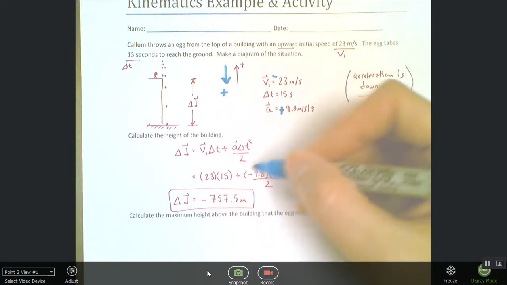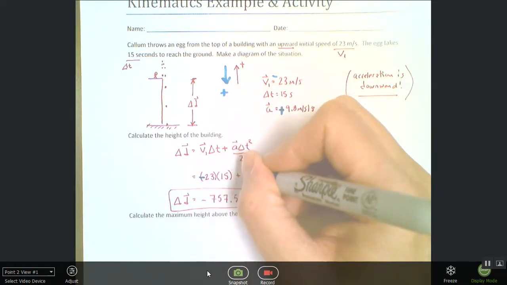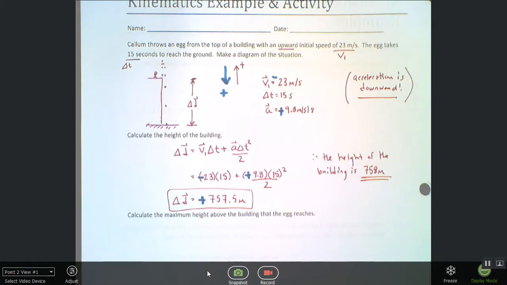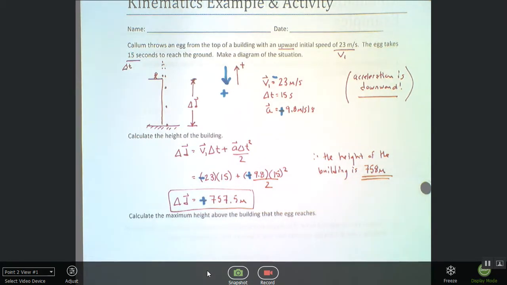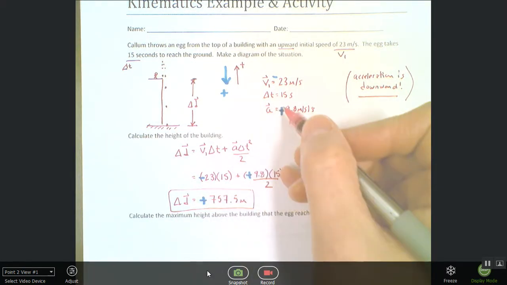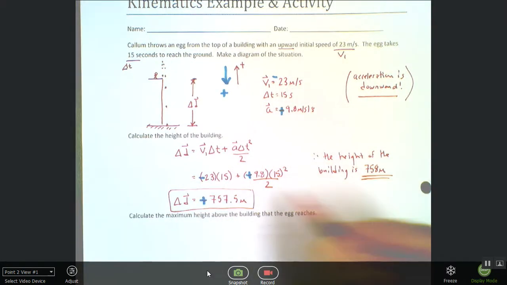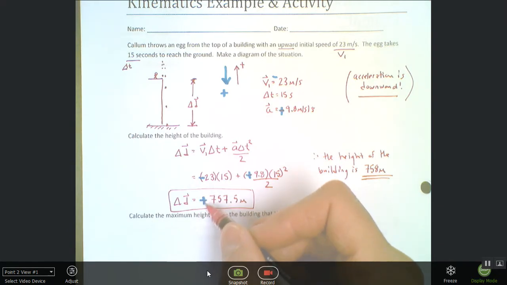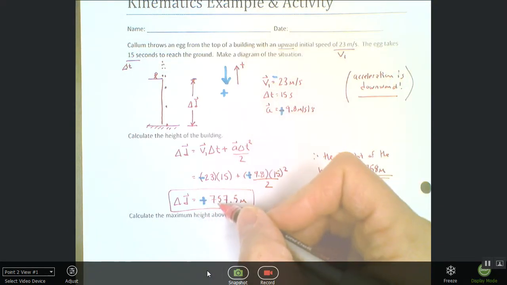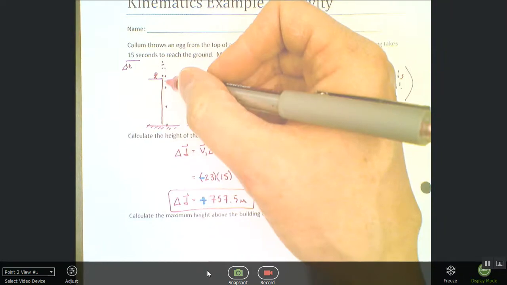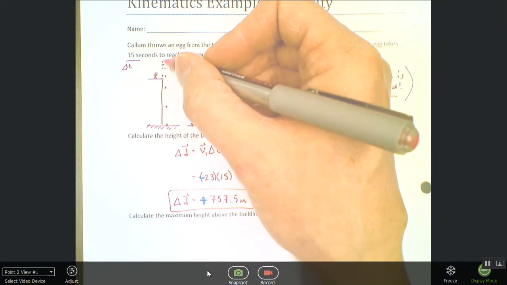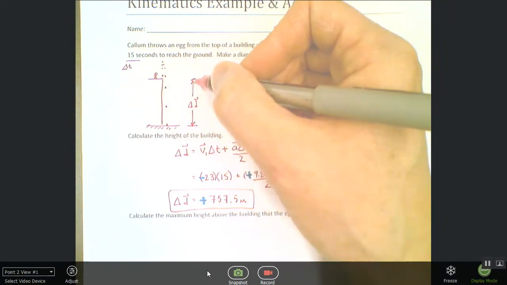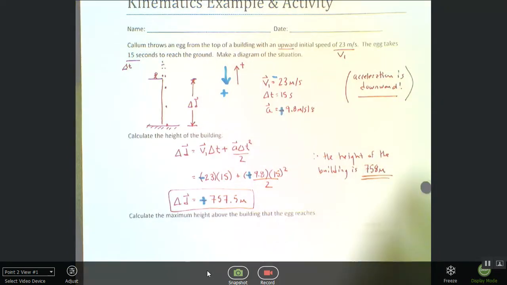So when we come down here, this becomes negative, this becomes positive, that becomes positive. That's all that changes. It still doesn't change your answer that the height of the building is 758. All it does is tell us that now the object displaced itself positively by 757.5 meters. So even though it went negative up, positive to here, they canceled out, and it moved in the positive direction for the rest of it.